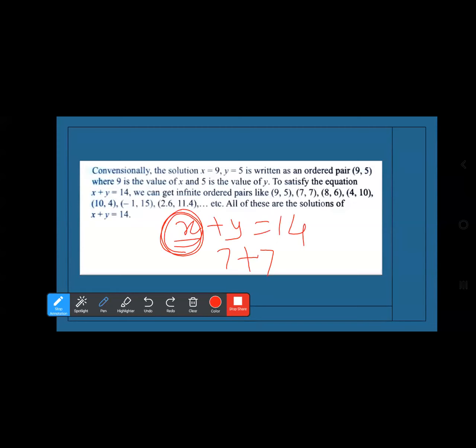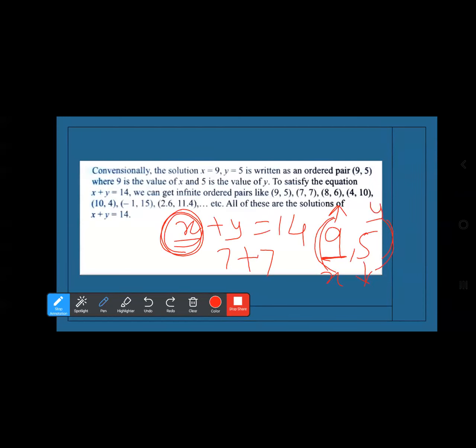If you say that it is 9 and 5, when you write it in this round bracket, it means the first value indicates x, and the second value indicates y.